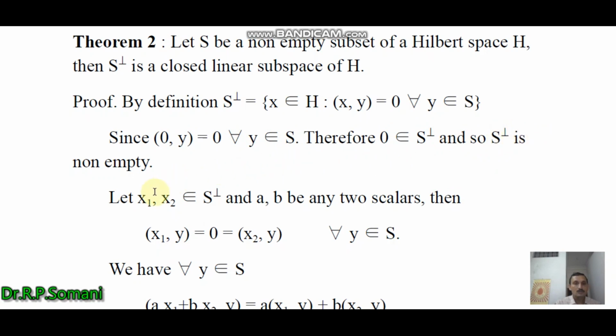Now consider two elements x1 and x2 of S orthogonal, and a and b any two scalars.